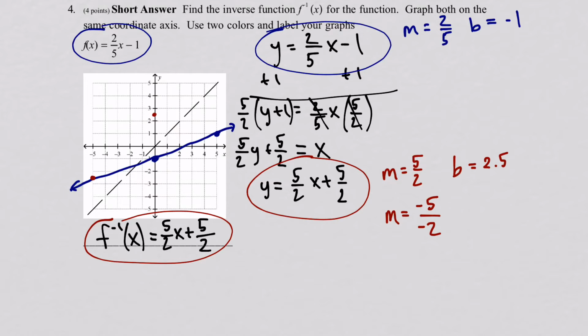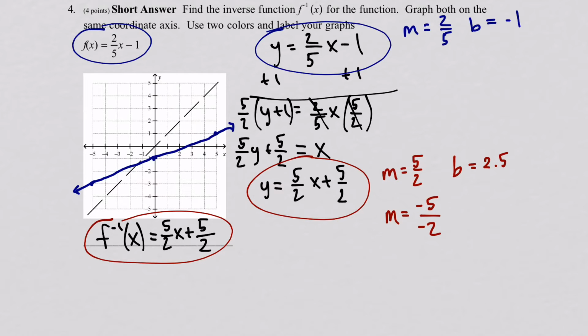And so you make your line. That doesn't seem right. Well, of course it isn't right. I counted wrong. I'm supposed to go down 5 to the left 2, not down 5 to the left 5.